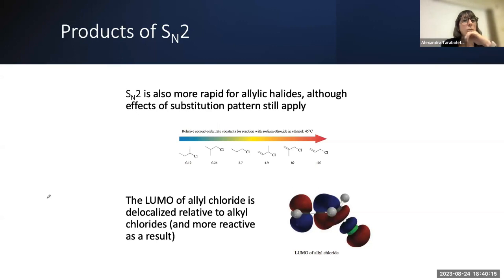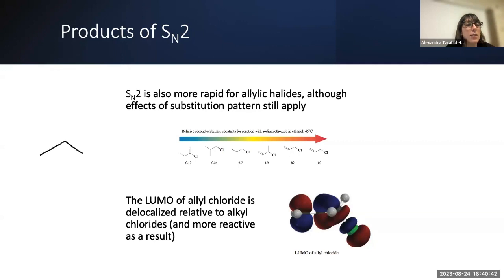All right, what about if you do an SN2 reaction on one of these allylic carbons? So you start off with a group that is next to a double bond and you do an SN2 reaction. What do you guys think? I'm going to draw an example similar to what we had.